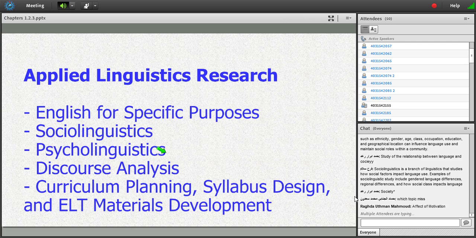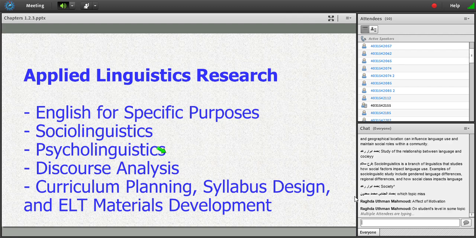Psycholinguistics related topics, affect, motivation, exactly, good. Students' level, the influence of the students' motivation, for example, on their ability to speak.